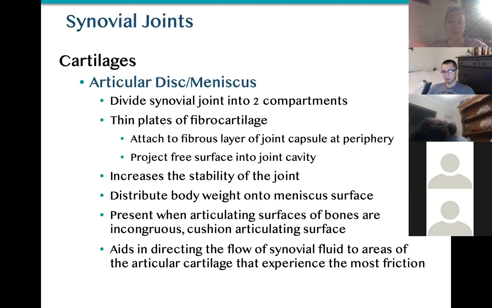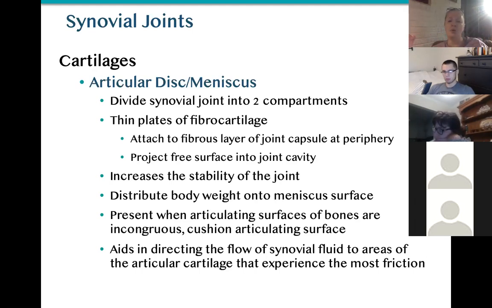And these are thin plates of fibrocartilage. I'll talk mostly about the knee because that's where we know about it in detail, is that they'll attach to the fibrous layer of the joint capsule out at the periphery, okay? And then they project their free surface into the central part of the joint cavity.